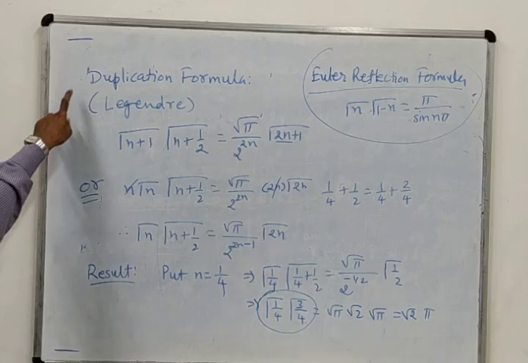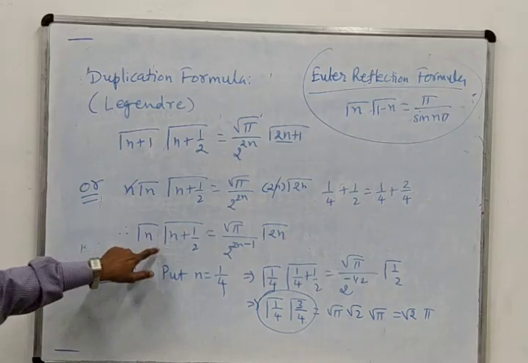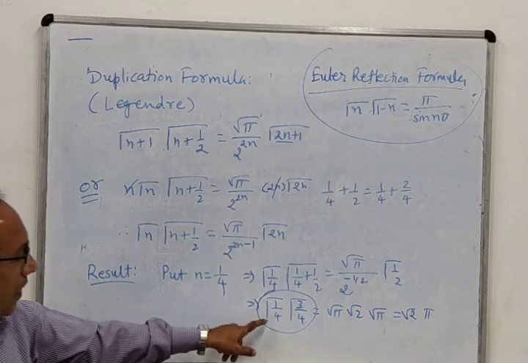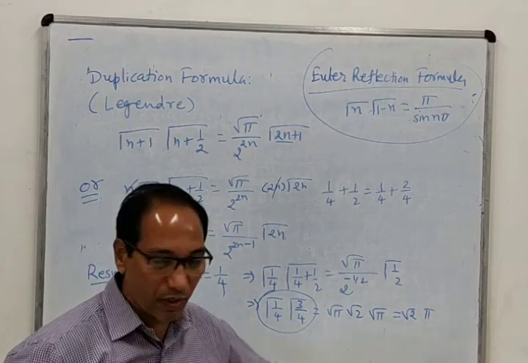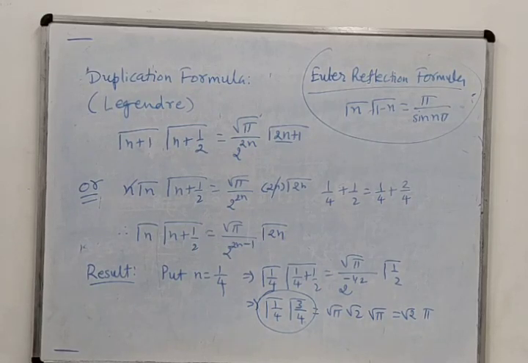But important is to remember the duplication formula, either in this form or in this form. It is the best way to remember. Gamma n into gamma n plus 1 half equal to root pi upon 2 raised to 2n minus 1 into gamma 2n. And also you remember this value, gamma 1 by 4 into gamma 3 by 4 equal to root 2 pi. So all of you note down this one. The more examples based on both functions, beta function and gamma function, we will see in the next lecture. Okay.